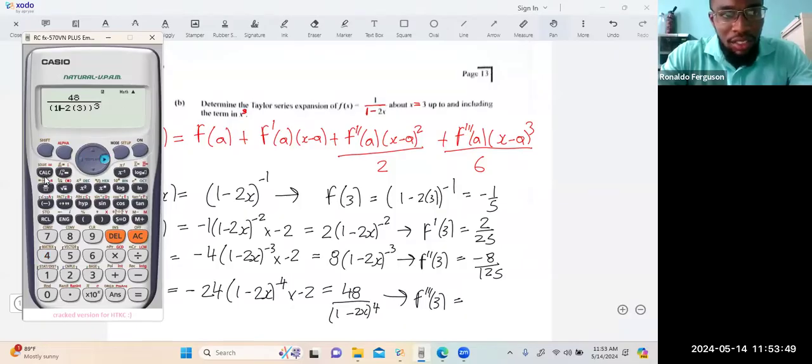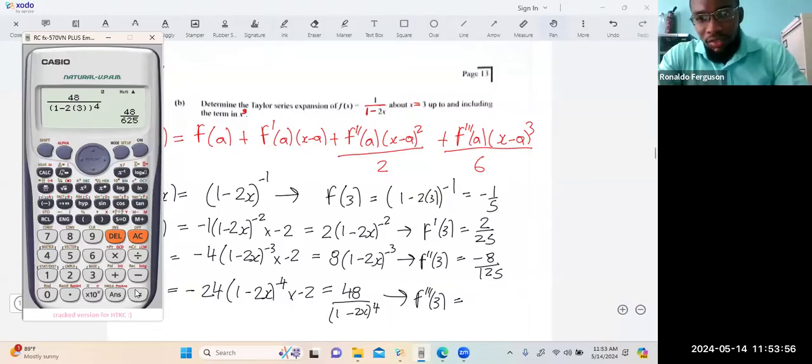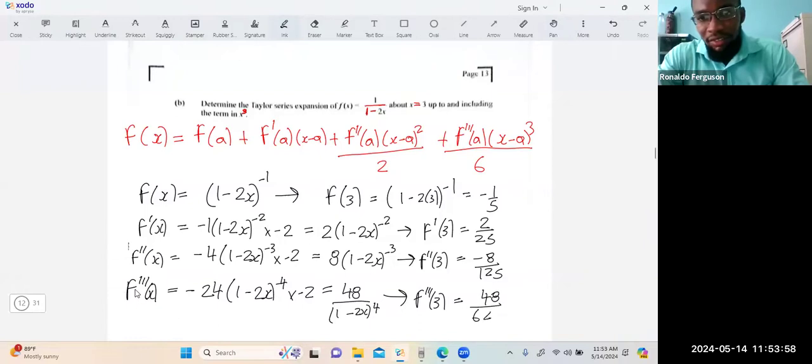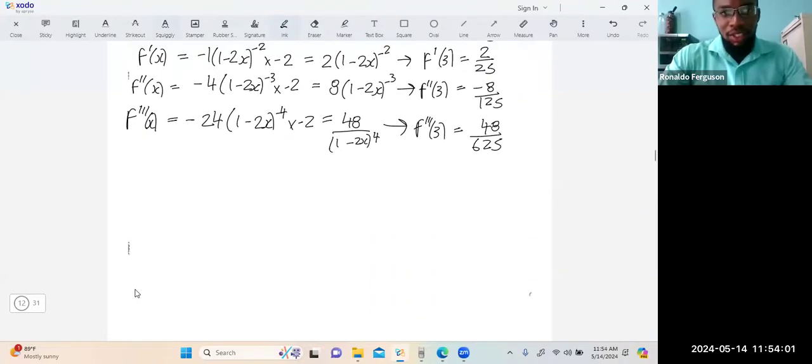Change it to 48. Change this to the 4th power. That's 48 over 625. So now we can write an expression.